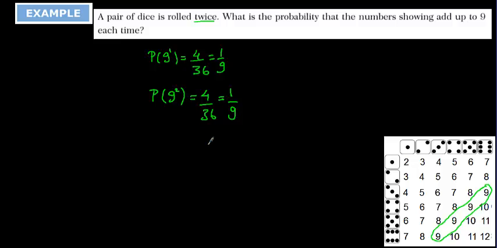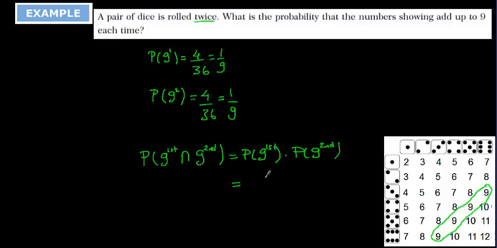So for the first time 9 and for the second time 9: the probability of 9 for the first time, intersection the probability of 9 for the second time, is going to be the probability of 9 for the first time times the probability of 9 for the second time. Okay, what is the probability of 9?